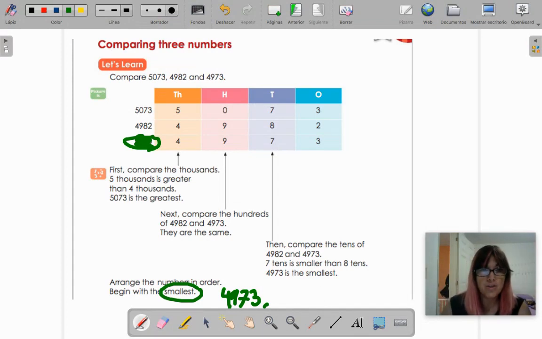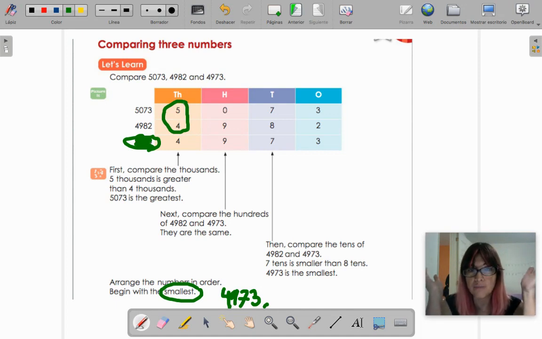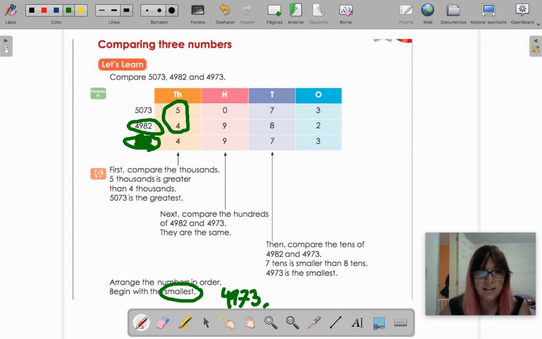So from these two, which is the smallest? The same thing. Let's look at the thousands. Immediately we find which is smaller here. Which is smaller from these two? Exactly, the 4 is smaller. That means that all this number is the next that I should put here. 4,982.